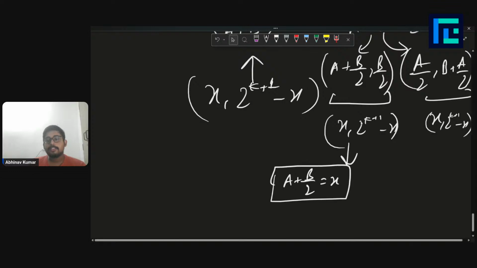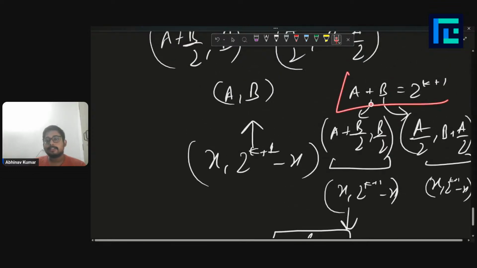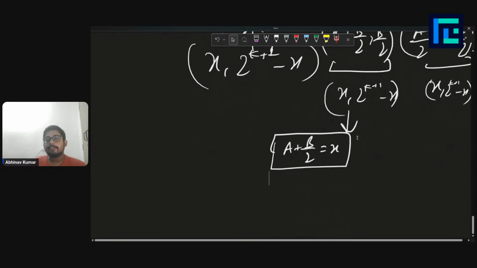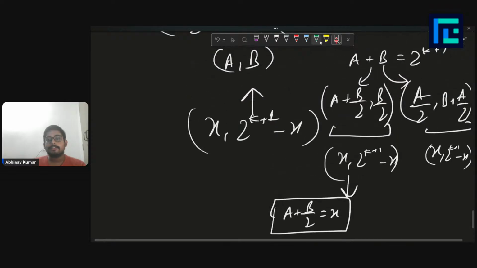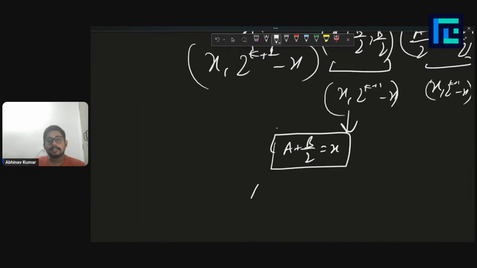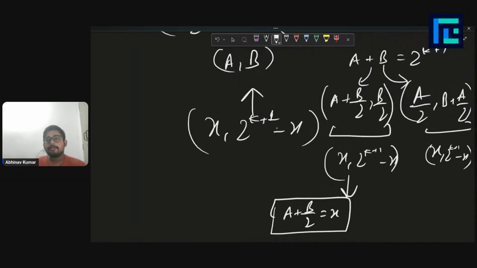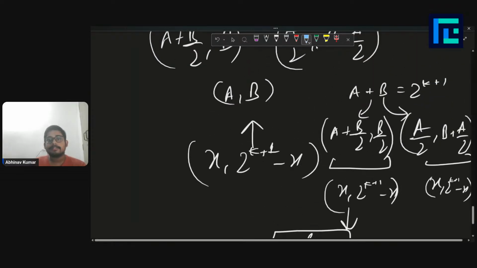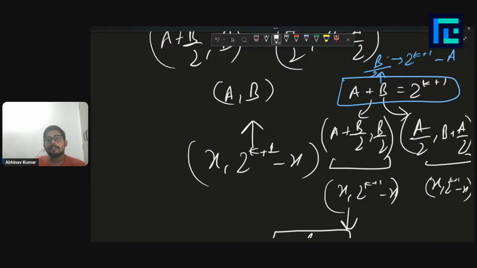This is the first equation, and the other equation we have is a plus b equals 2 to the power k plus 1. So what would be our a and b? If you substitute the value of b, b would be 2 to the power k plus 1 minus a, so b by 2 would be 2 to the power k minus a by 2.